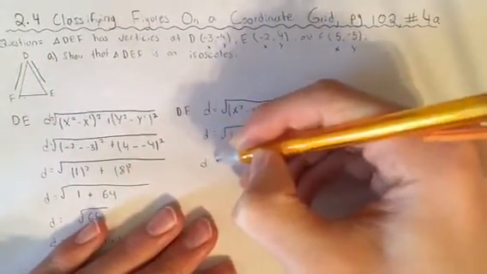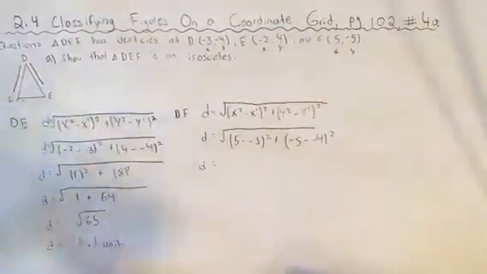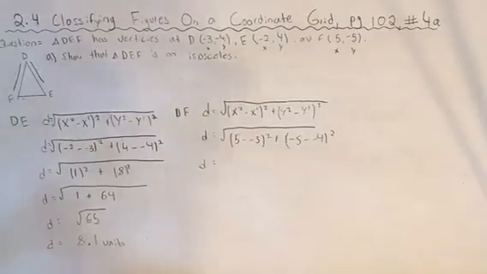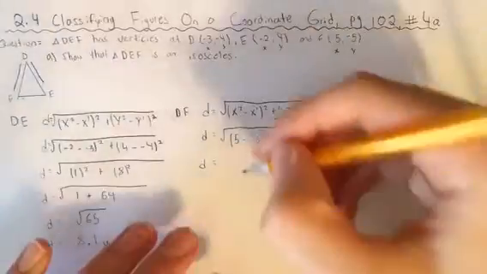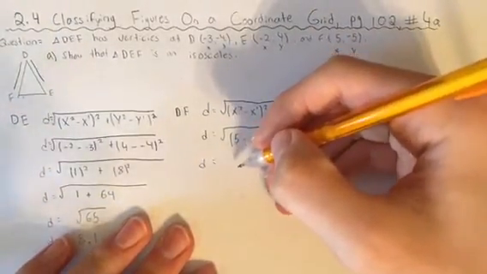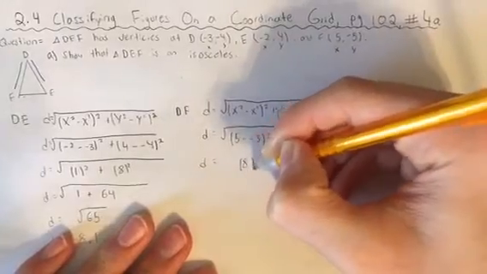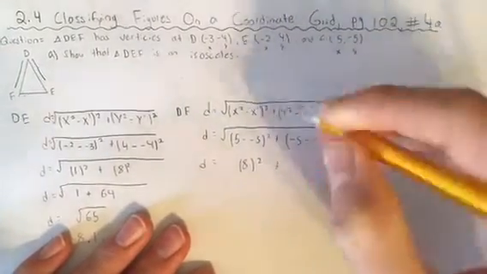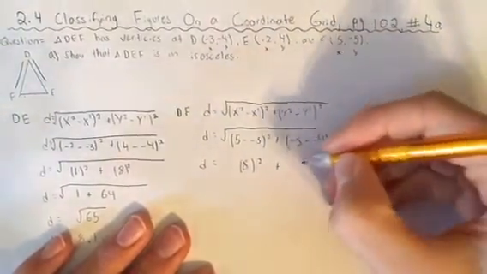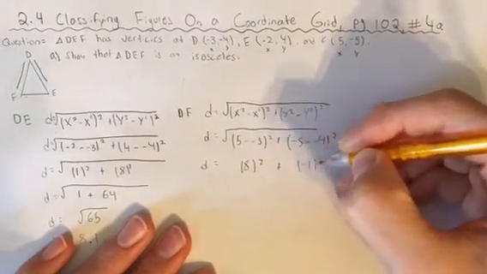Okay, so now let's subtract in the brackets. That's 8 to the power of 2 plus negative 1 to the power of 2.